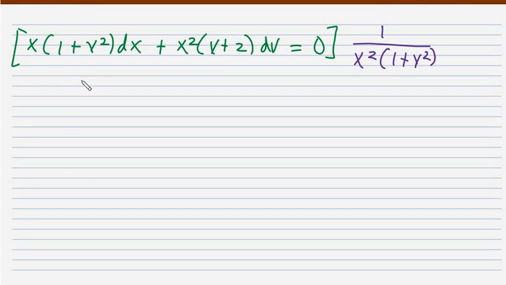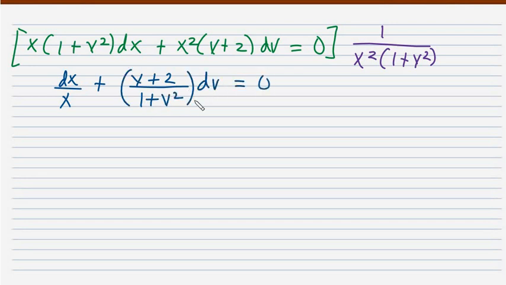So what will happen to our differential equation? The first term will be dx over x, plus the second term will now become (v plus 2) over 1 plus v squared dv.